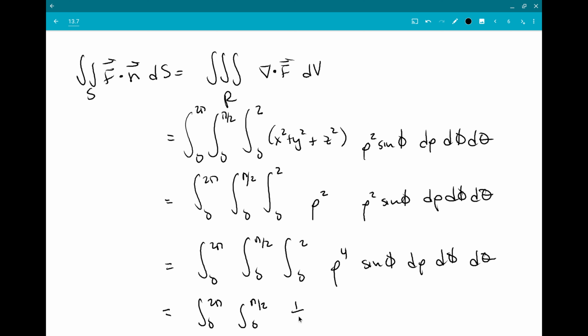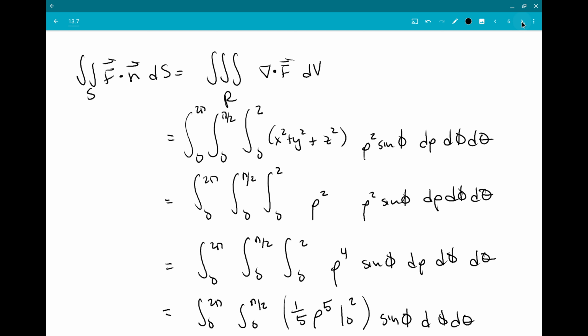Integrating rho to the fourth is going to become 1/5 rho to the fifth, evaluated from 0 to 3. Sine phi is a constant as far as rho is concerned, so it can just stay out.